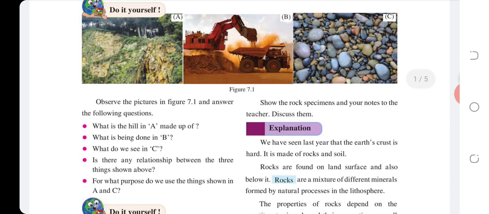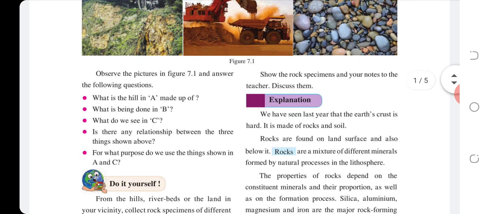Show the rock specimen and notes to the teacher and discuss them.